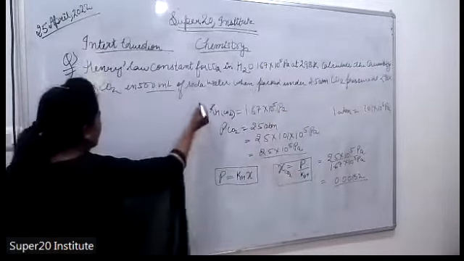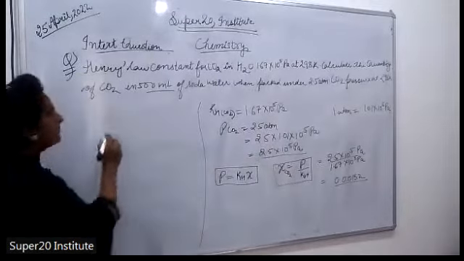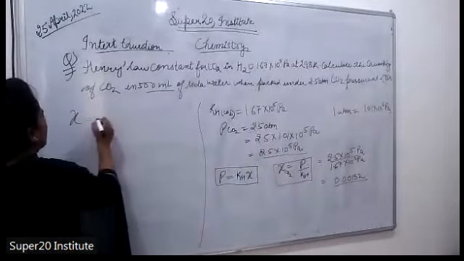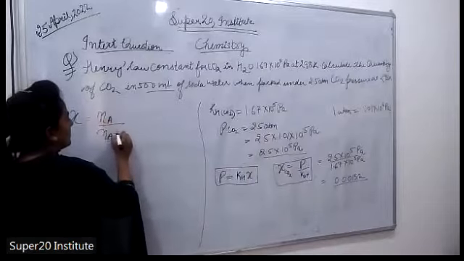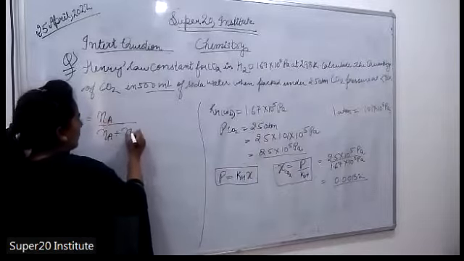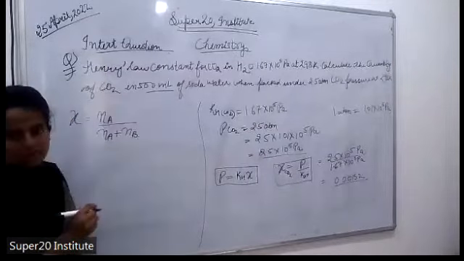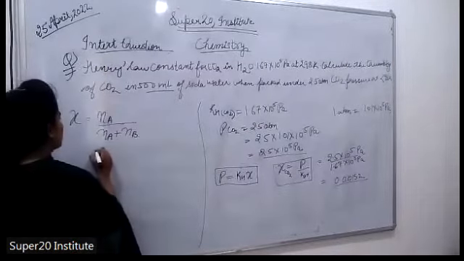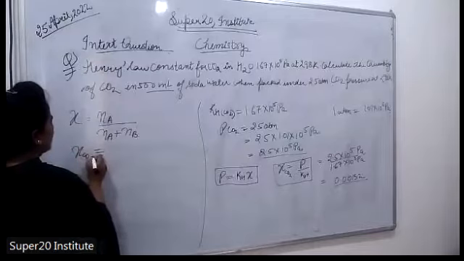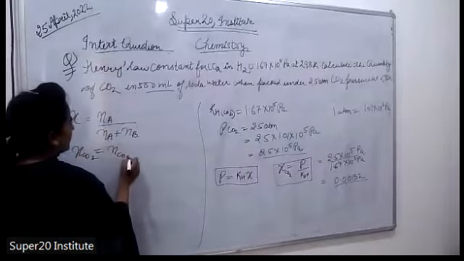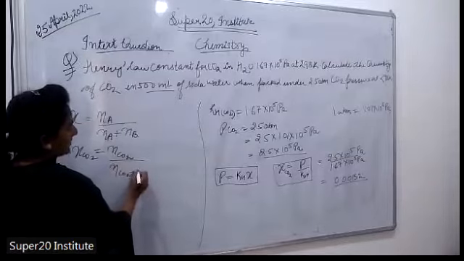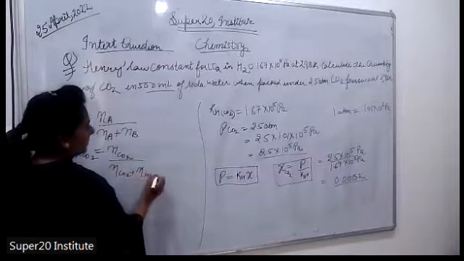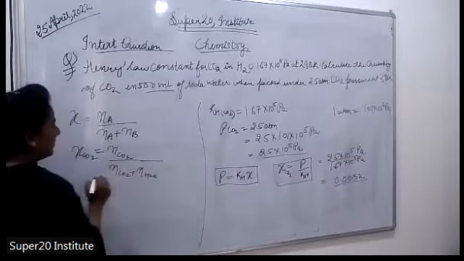So we know the formula of mole fraction. What is the formula of mole fraction? Number of moles of that component upon number of moles of both components A and B in a binary solution. So here the mole fraction of carbon dioxide will be number of moles of carbon dioxide upon number of moles of carbon dioxide plus number of moles of water.